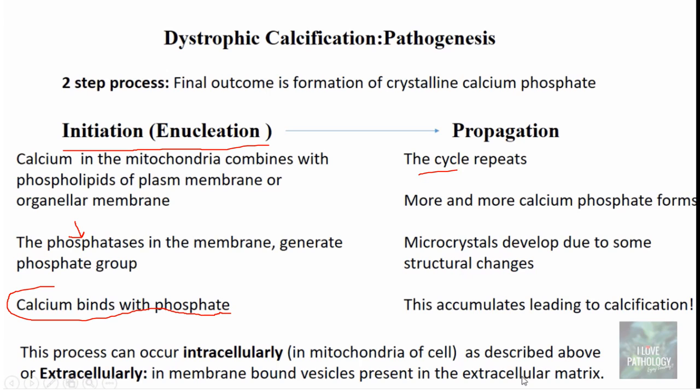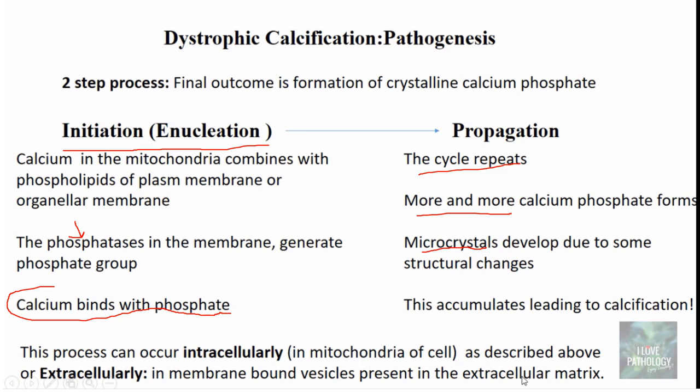And this cycle repeats many times, and more calcium forms, microcrystals develop due to some structural changes, and then this leads to calcification, basically because of accumulation of microcrystals.